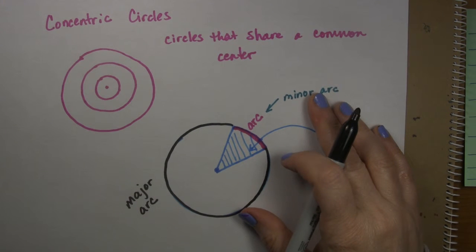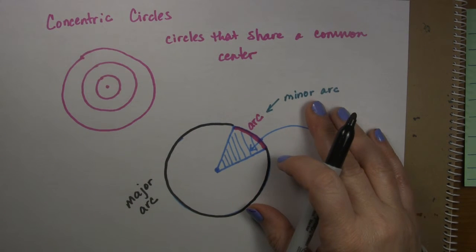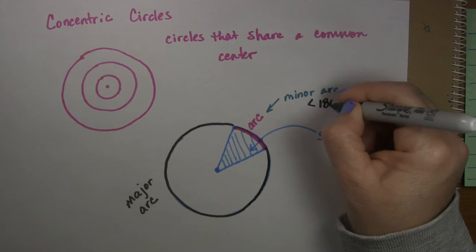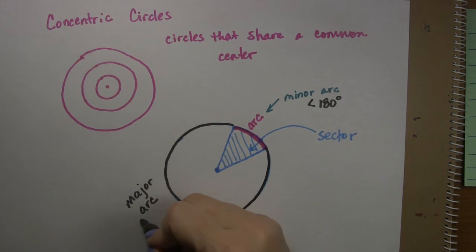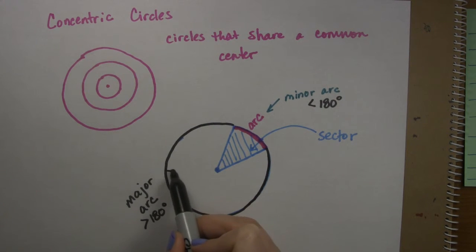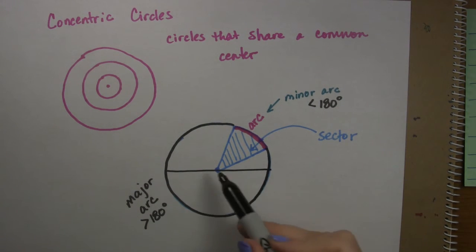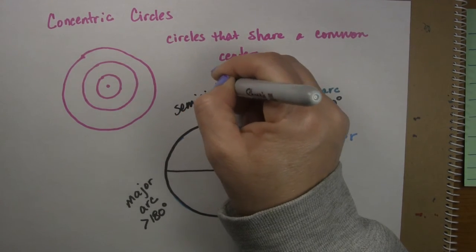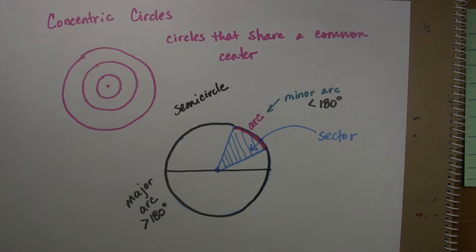So technically a minor arc has to be less than 180 degrees and a major arc is more than that. If it is exactly 180 degrees, then I still guess it is an arc, but we call it a semicircle, which is technically an arc.